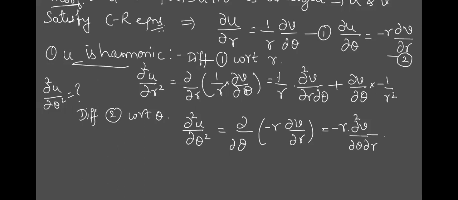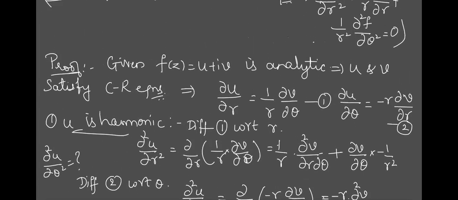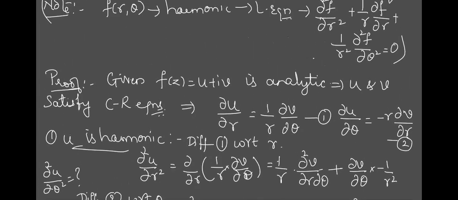Now consider the LHS part. Tell me the Laplace equation for the LHS part. ∂²u/∂r² plus 1/r. Just see here. Roughly, if you write it in one book, no harm in that. I have to write a similar equation, the same equation, but instead of f, I should have u.